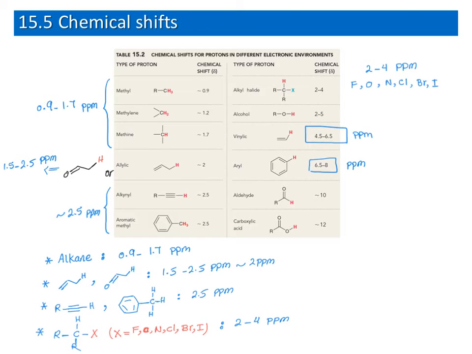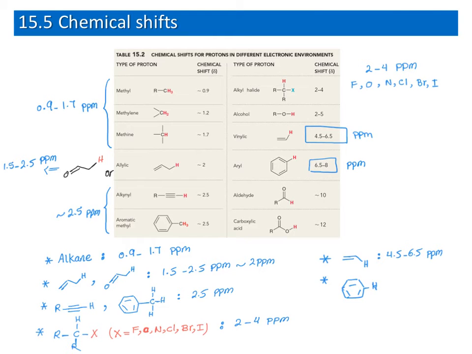Then we have hydrogen connected to the double bond, 4.5 to 6.5 ppm. We have hydrogens that are directly connected to the aromatic ring.